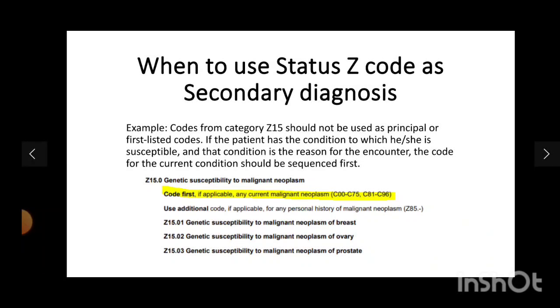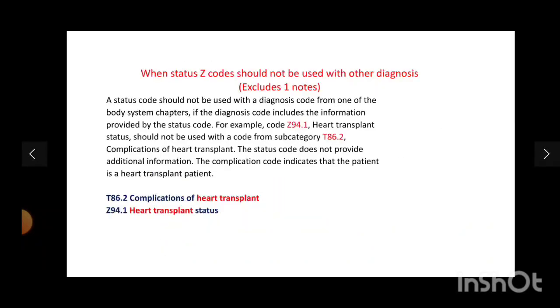As per coding guidelines, if the patient has a condition to which he is susceptible and the condition is the reason for the encounter, the code for the condition should be sequenced first, and then the genetic susceptibility code should be coded as secondary. As you can see here, it says code first, if applicable, any current malignant neoplasm. So first code the malignant neoplasm, then use the Z15 series code as secondary diagnosis.